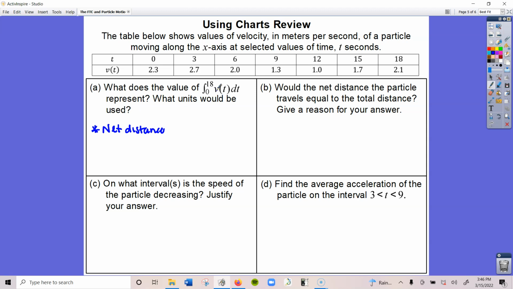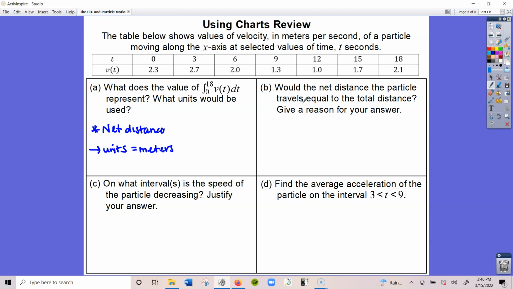Due to the notation, net distance is the integral of velocity, whereas total distance has the absolute value bars. So here this would be net distance, and my units would be in meters. Here we're not being asked to calculate what this would be, just what it would represent.